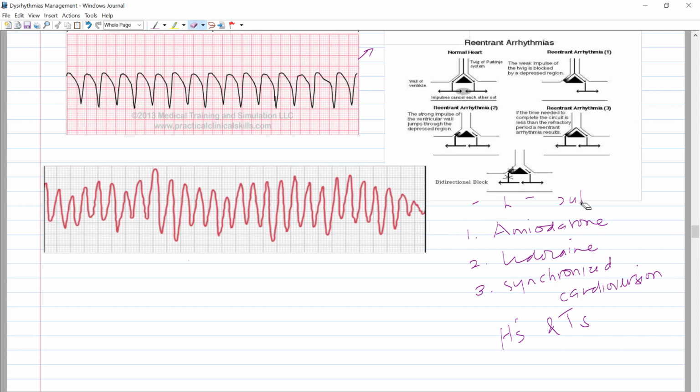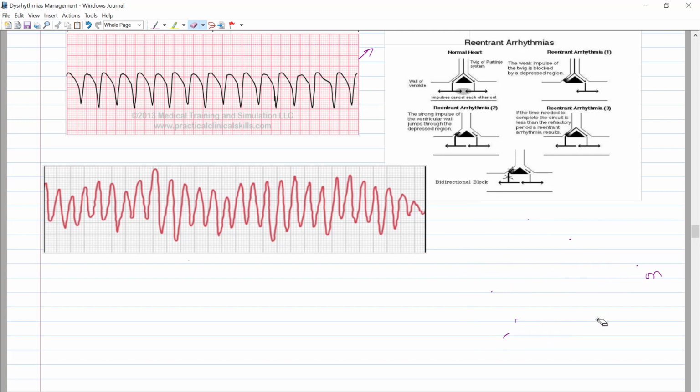Now, let's go to pulseless VTAC. The good thing to remember is that whatever management you do for pulseless VTAC is the same for a patient who has VFib. Okay? So NCLEX tip for pulseless VTAC and VFib, your priority action is to defibrillate the patient.